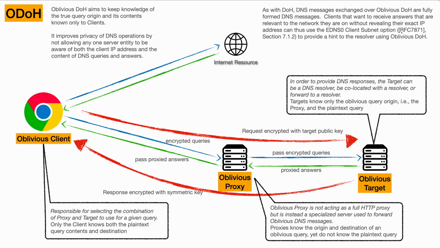Basically, it is something mentioned in another RFC called the EDNS0 client subnet option. The Oblivious proxy converts the client IP address information into this client subnet option provided to the Oblivious target. So then the name resolving will return the tailored response without knowing the exact client IP address.